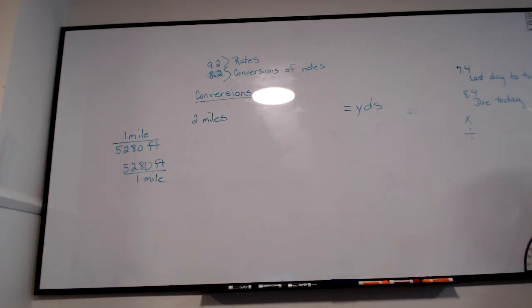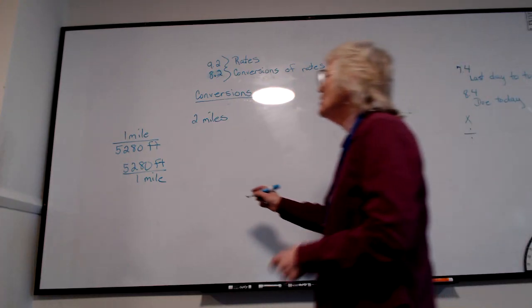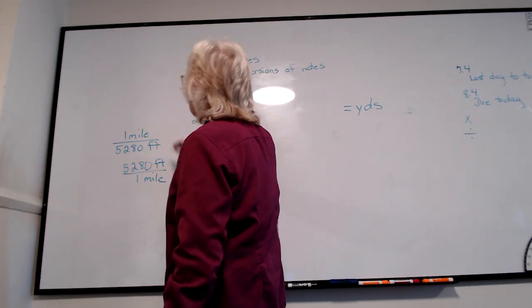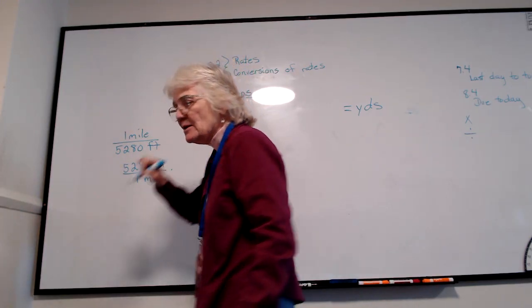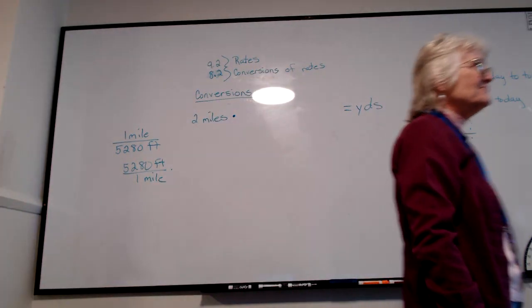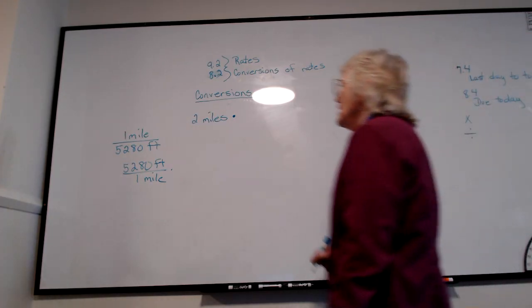Well, that gets it into feet. Correct? If I multiply by that, that will get me into feet. But then we're going to have to go beyond that. So first of all, which one are we going to use? Are we going to use the top one or the bottom one so we get feet? The top one.